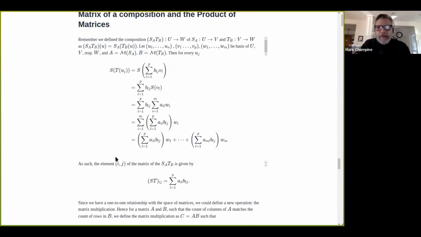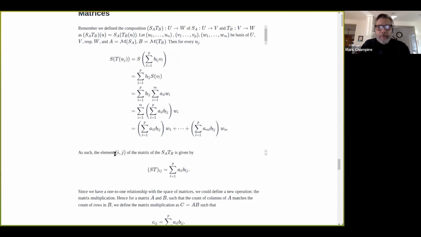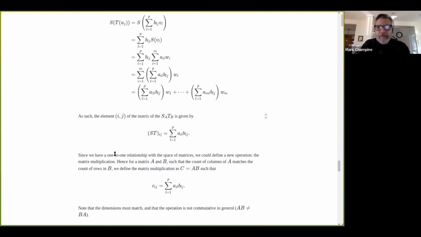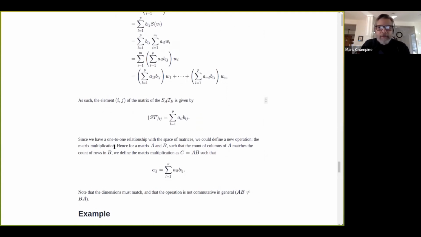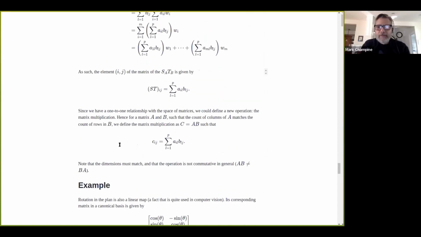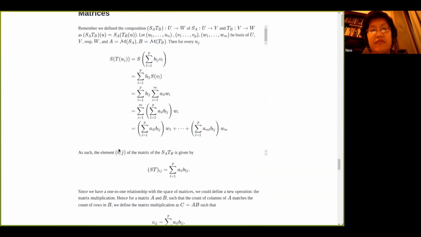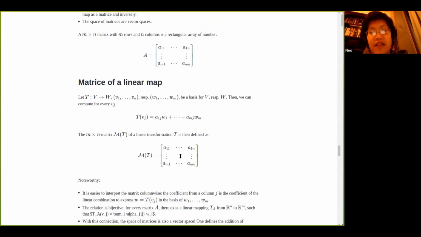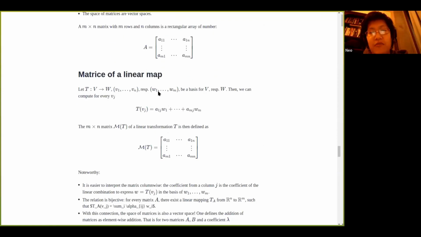And I take it this is useful because rather than having to apply a set of transformations one by one, you can create a compound transformation by multiplying the matrices. Exactly. So for example, one of the transformations I did not talk about is, in this case here, we express T with respect to the basis of W and V.